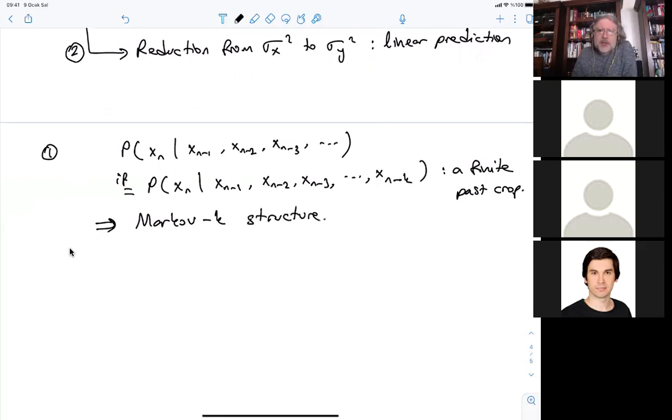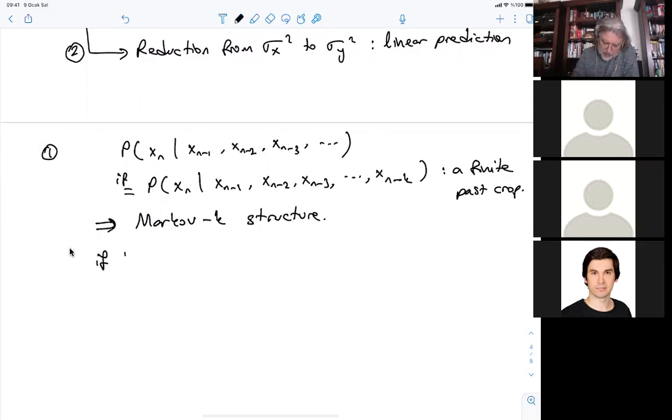which is in the form of a chain structure essentially, but chain structure is mostly visible if the probability mass function depends on only the previous one. The probability mass function of x of n depends on only x of n minus 1. Then it looks more like a chain. Then it becomes something like this.